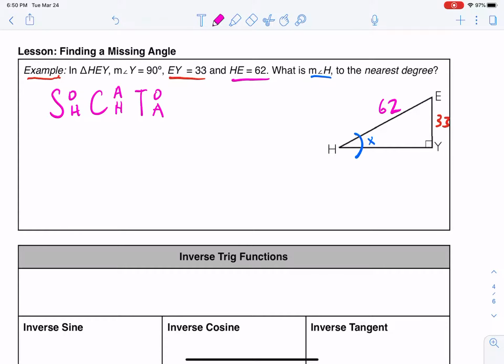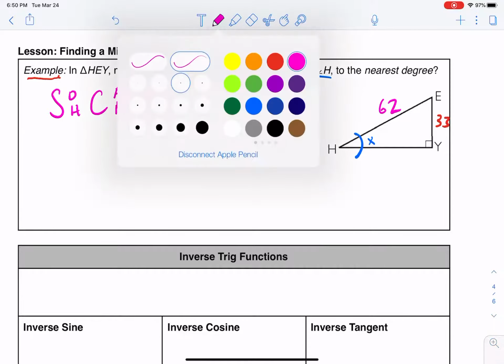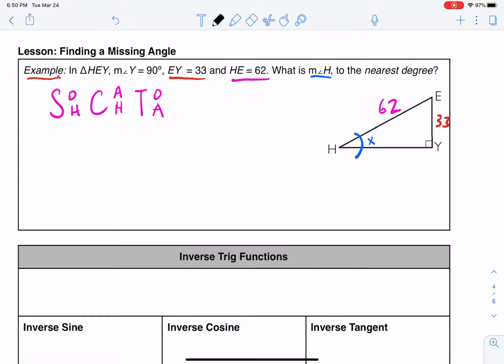Okay, so turning back to our triangle then. Our angle is angle X. I'm going to draw an arrow to the opposite side to label the opposite side. I'm going to look at my right angle and draw a line from that right angle to the side opposite it. That's the hypotenuse, my longest side.